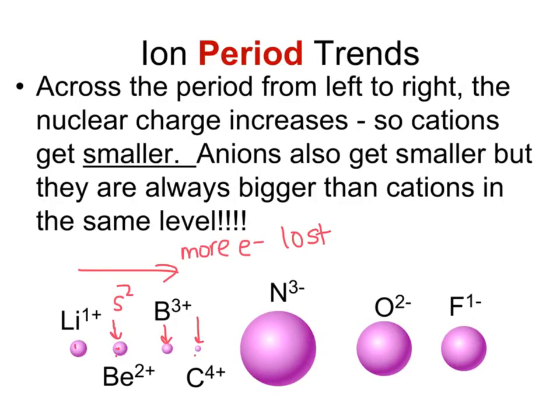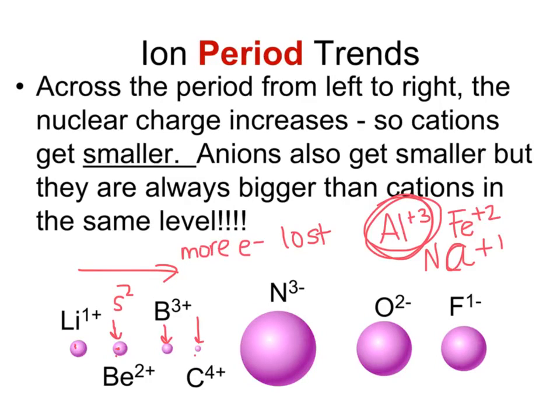So if you were given any 3 things, aluminum +3, iron +2, and let's say sodium +1, and you were asked which one's the smallest, whichever one's the most positive is the smallest. The more electrons it loses, the smaller it's going to be.